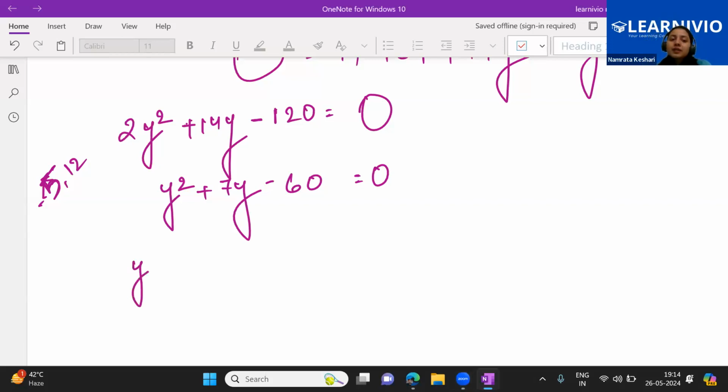So y will be minus b, that is minus 7, plus minus under root b square minus 4ac, that means 7 square minus 4 into a into c, over 2a.